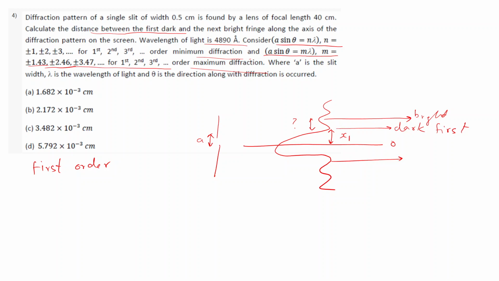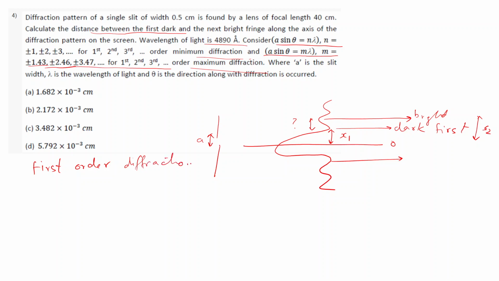Then this we can call the bright fringe position, x2. We want to find the distance between the first dark fringe and the next bright fringe. That means if I find the position x1 and the position x2, then the difference will give me this gap. So first order diffraction minima formula.